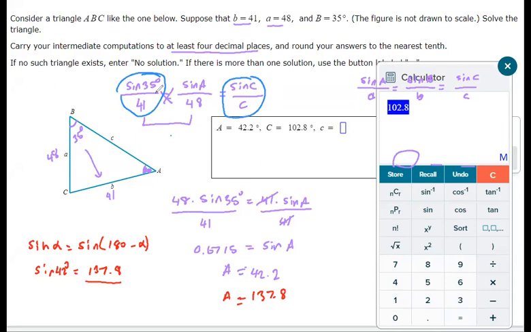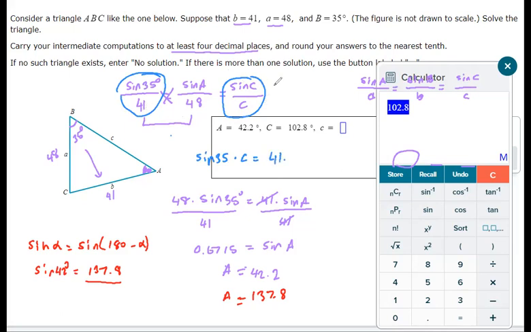I can multiply this number by C, because when you do cross multiplication, you multiply those numbers. I don't want to clean this screen, but make sure you see what we are trying to do. So sine 35 times C equals 41 times sine C.